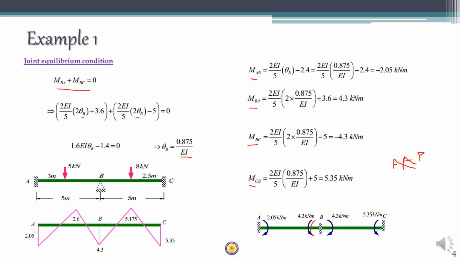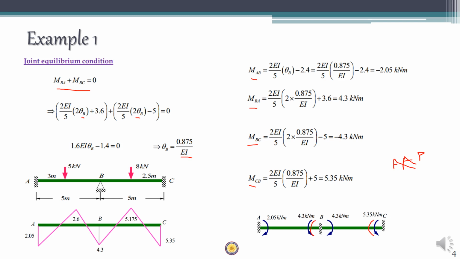Again, MCB is also positive, which means that MCB is also going to be anti-clockwise. So here also we draw an anti-clockwise moment. The other two, MAB and MBC, are negative, which means that those are going to be clockwise.